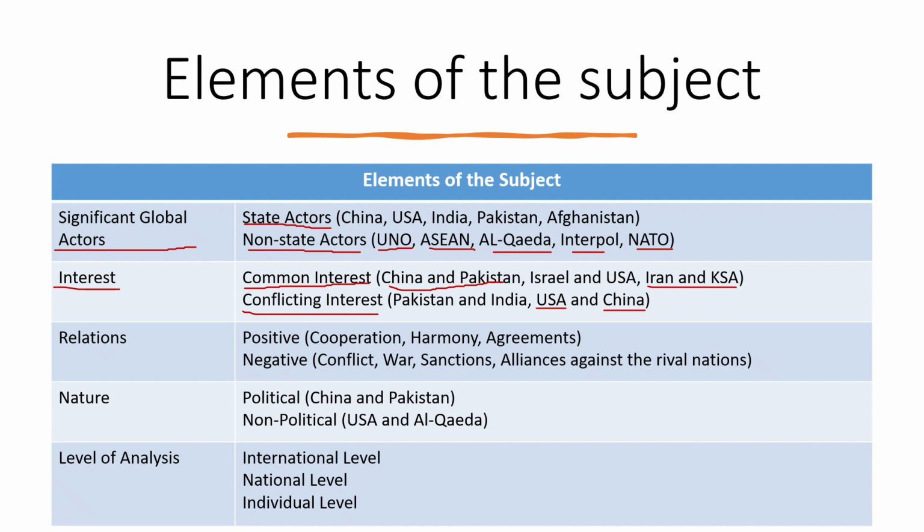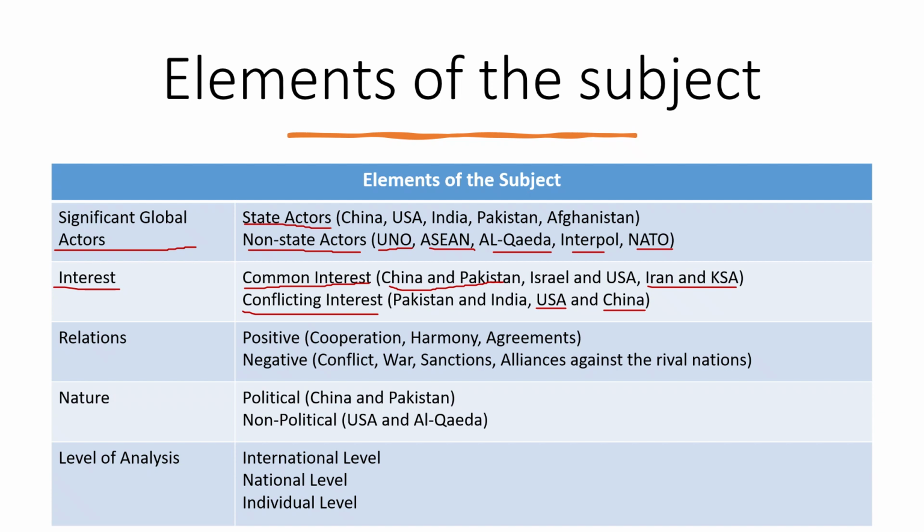The scholar is trying to forecast how things would unfold after Biden takes oath as president, how things would unfold under the Biden administration, because the scholar is trying to understand the nature of the Biden administration. This would be the level of analysis at the individual level.